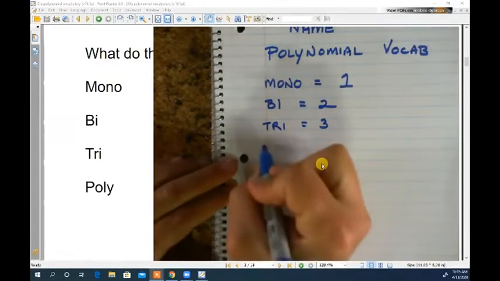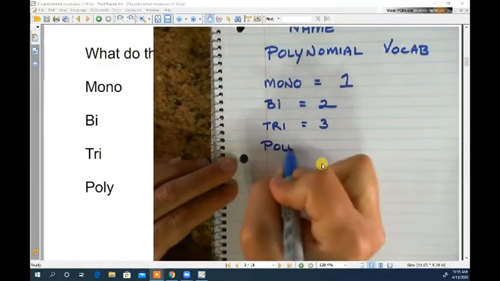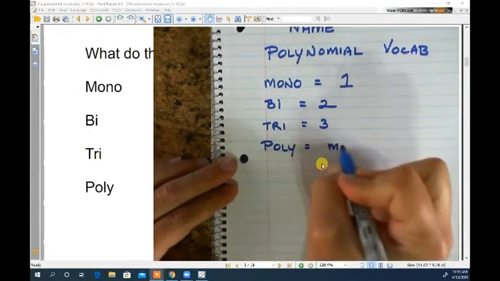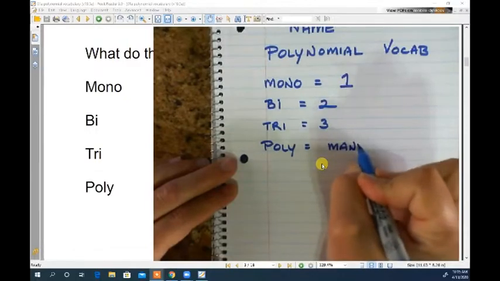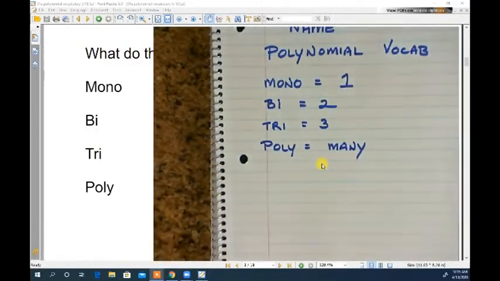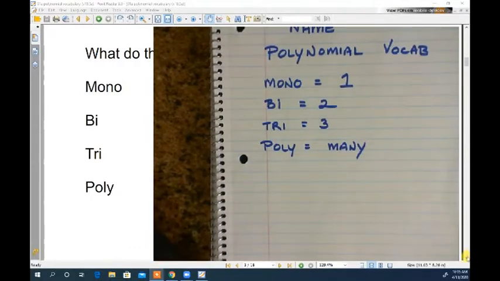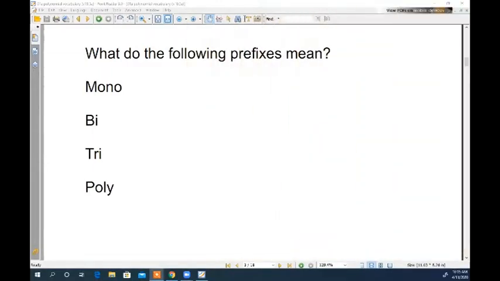And then this word poly, which means many. A polygon has many sides. Polytheism, many gods. So how does this apply to math?